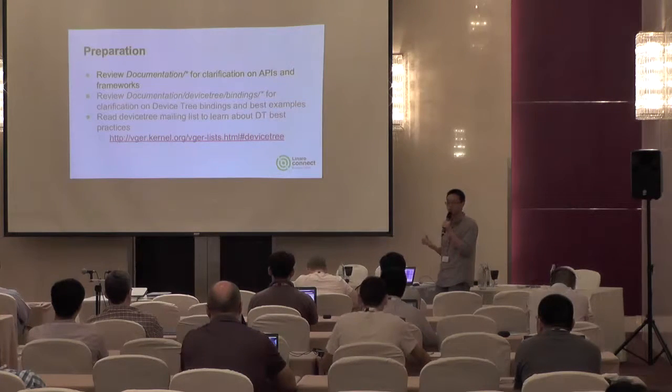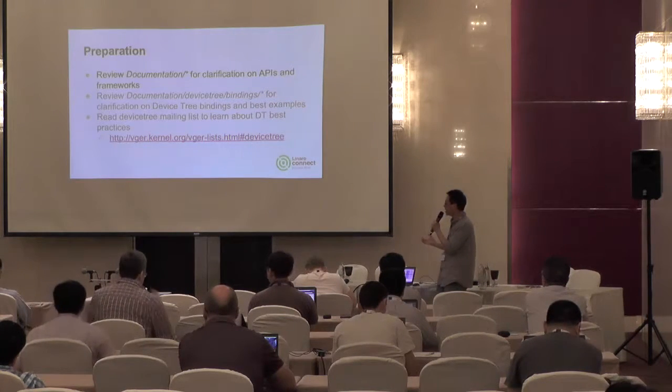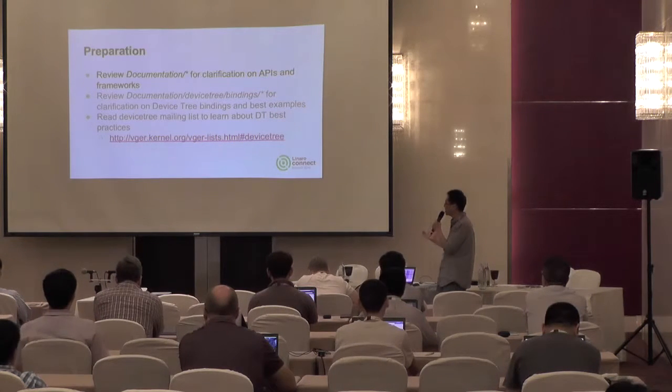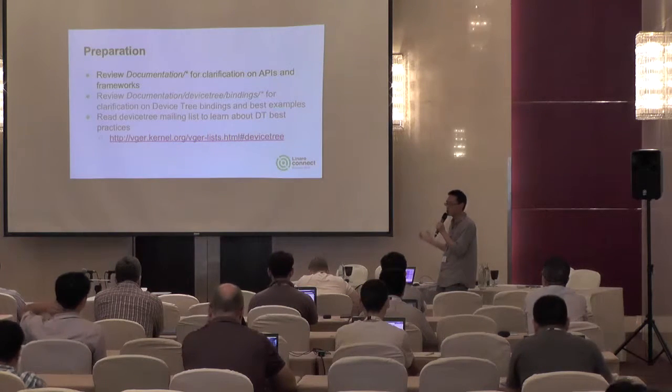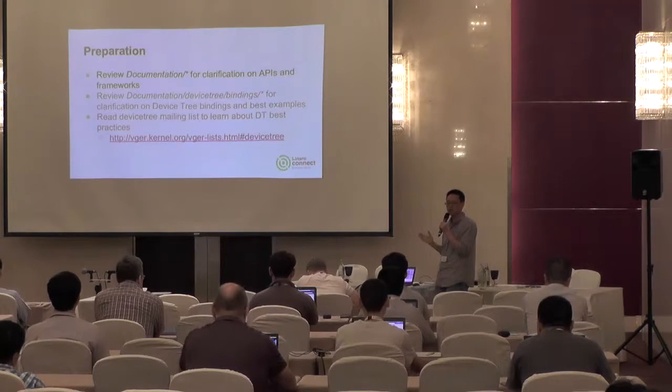For example, if you write a mailbox driver, you can look at the mailbox binding directory, which other platforms have already done. Another resource you can access is the mailing list, where there is DT binding best practice. But you should know that for DT binding, every component may have quite different requirements.